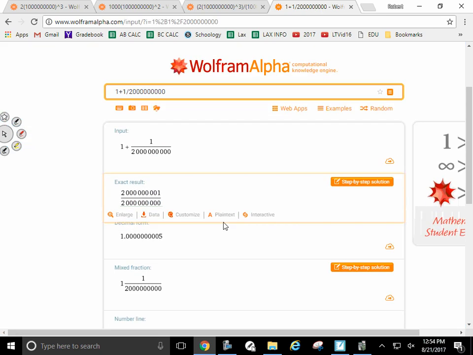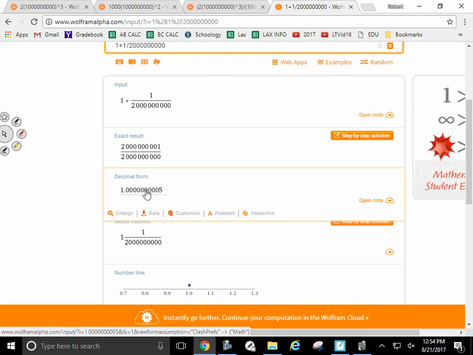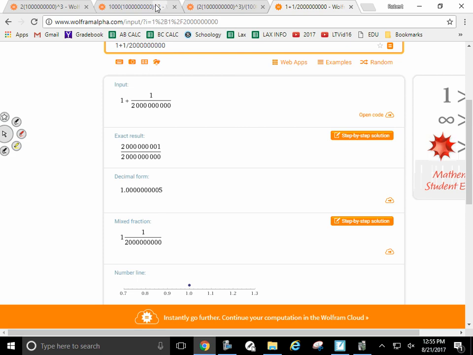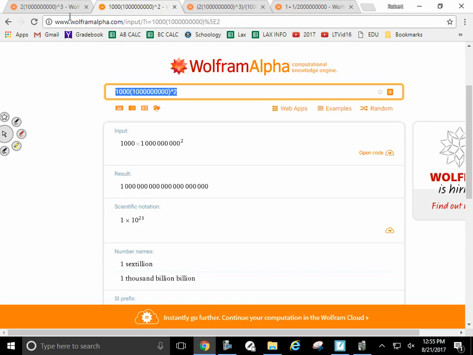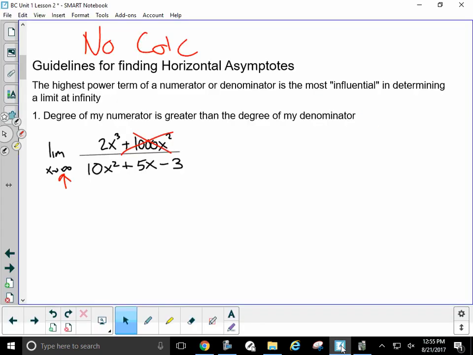What do you get? A number that's essentially still 1.000000005, right? So if I'm adding this smaller number to the bigger number, it's not doing much to it at all, right? So now that's the kind of concept that we're thinking about with cross this off, it's insignificant.